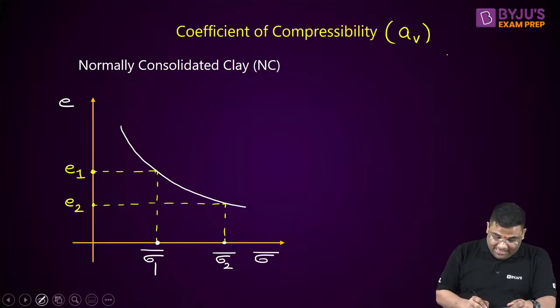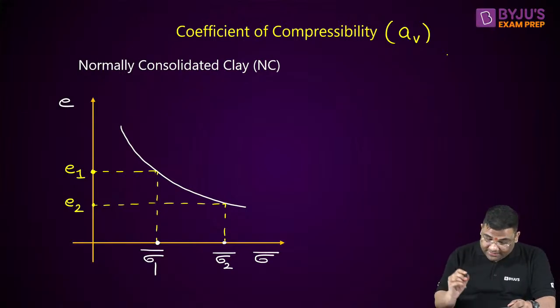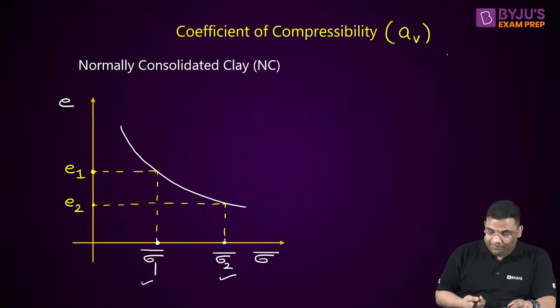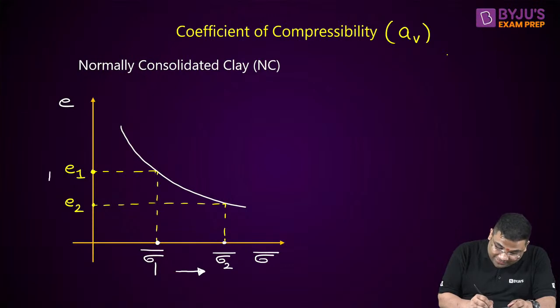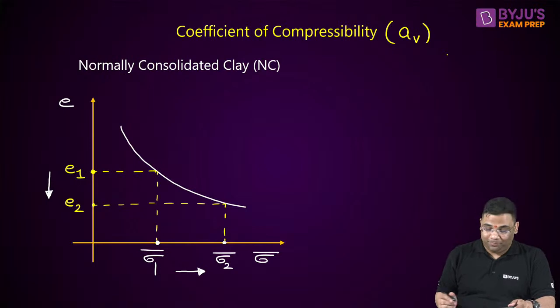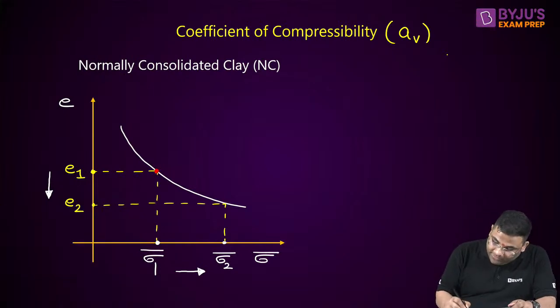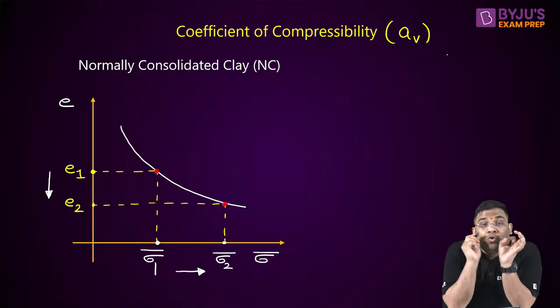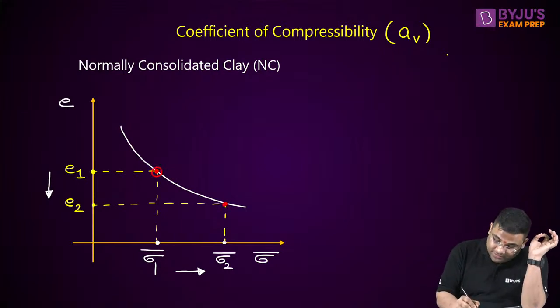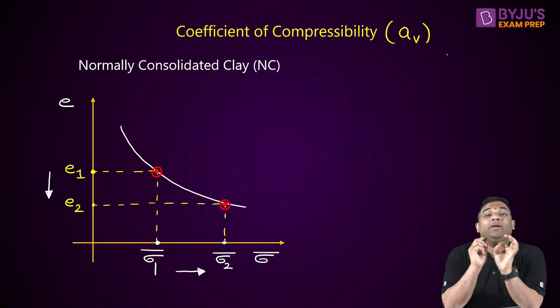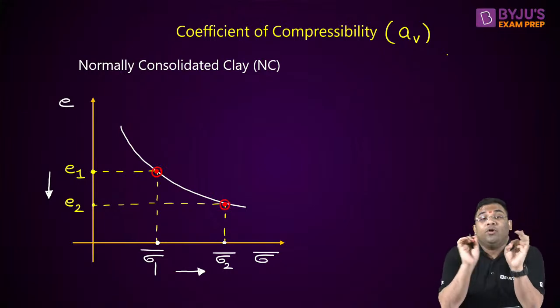You can see that when the effective stress changed from sigma 1 to sigma 2, it increased. When there is increase in effective stress, there was decrease in void ratio. So if we take a slope between these 2 points, that particular slope will be known as the coefficient of compressibility.